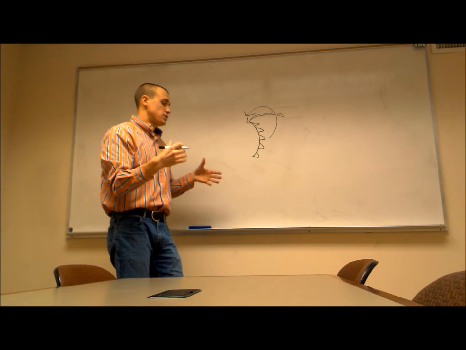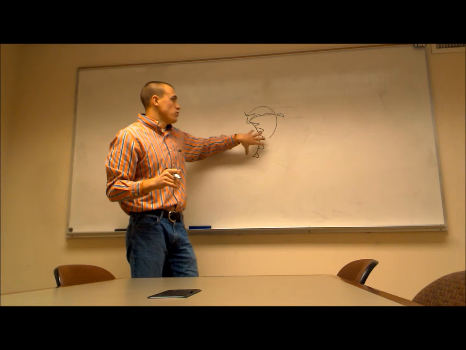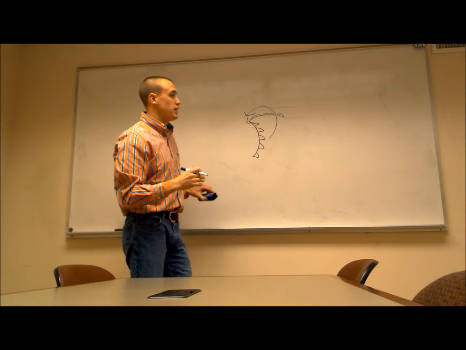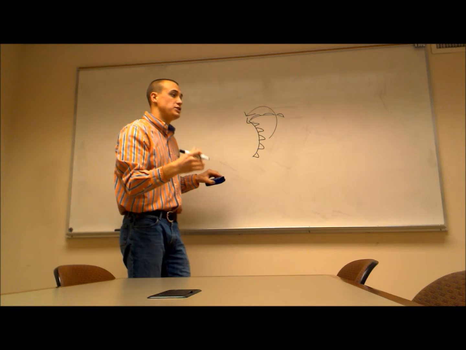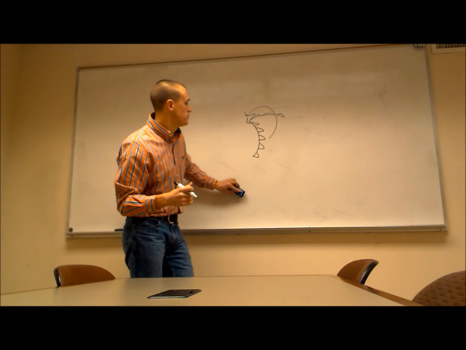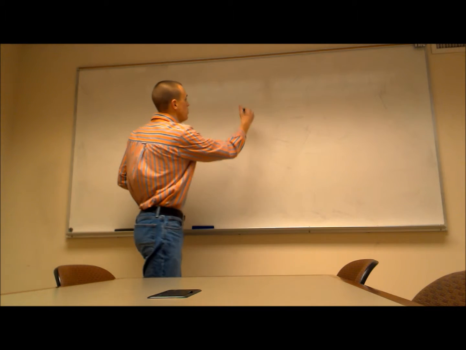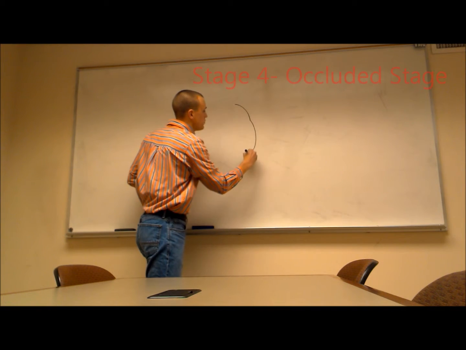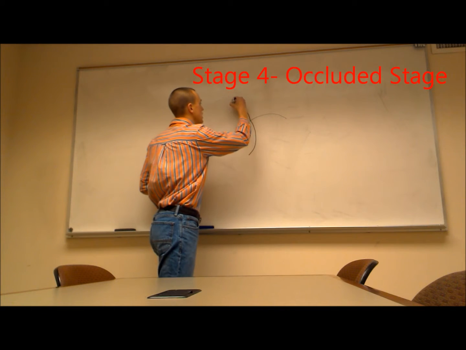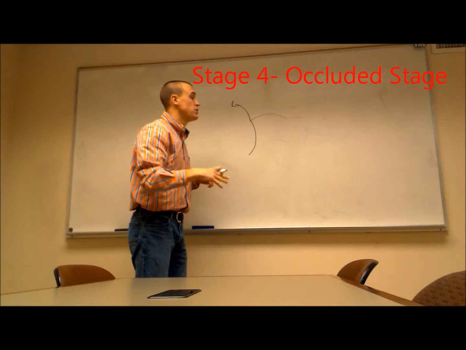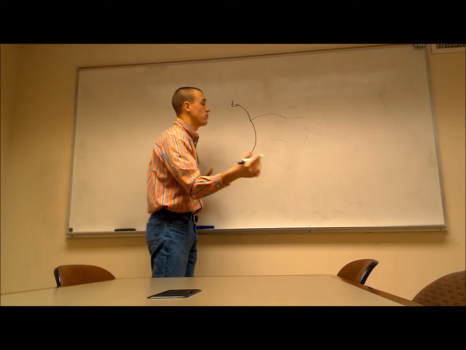All right, so as the cold front gets closer to the warm front, we enter the fourth stage of the mid-latitude cyclone. The fourth stage of the mid-latitude cyclone is called the occluded stage, and you start to develop an occluded front.